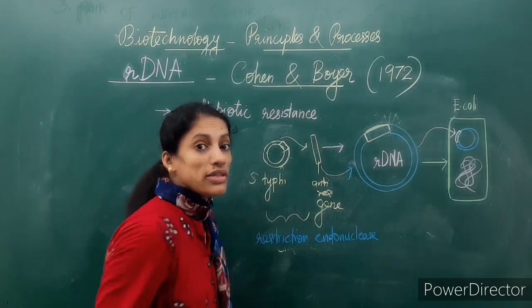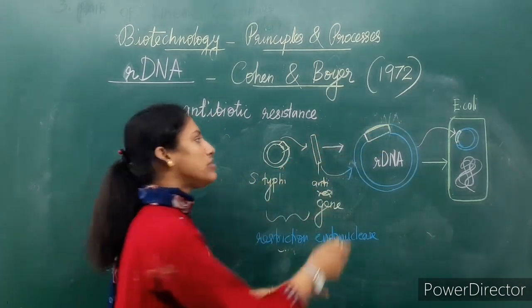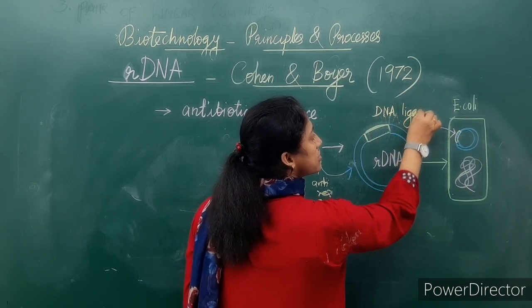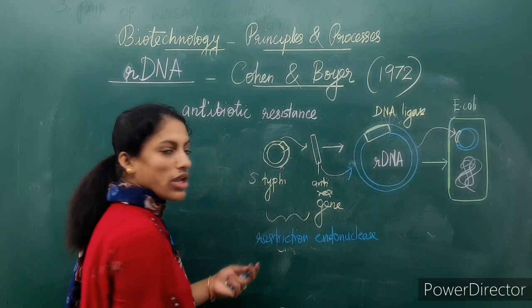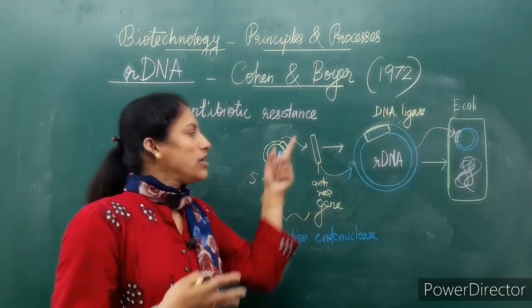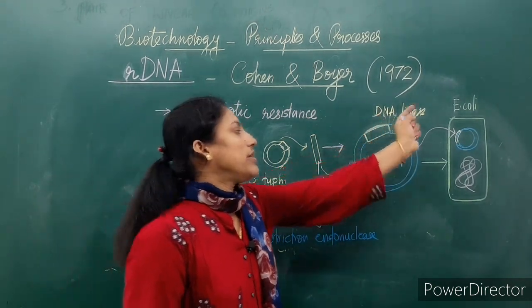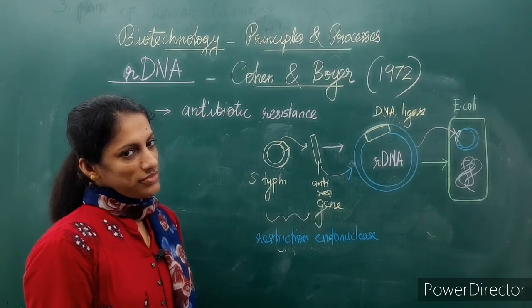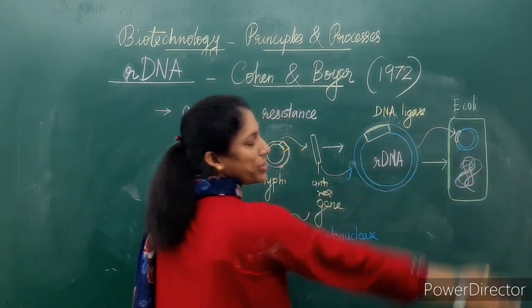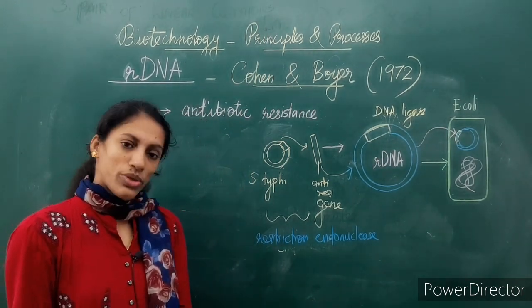Then it is introduced into another plasmid. The introduction and joining is done with the help of the enzyme DNA ligase. When a portion of the plasmid is removed and the new portion is inserted, it requires the ligating enzyme, or the gluing enzyme, that is DNA ligase. Now this is rDNA. Then it is delivered to the host. There are so many techniques to deliver it.